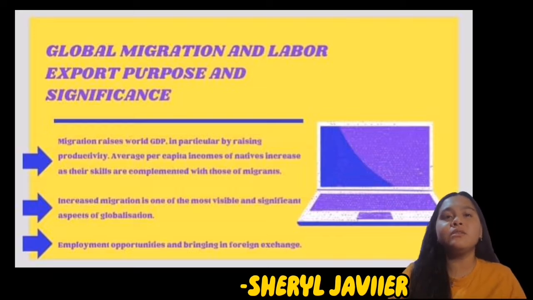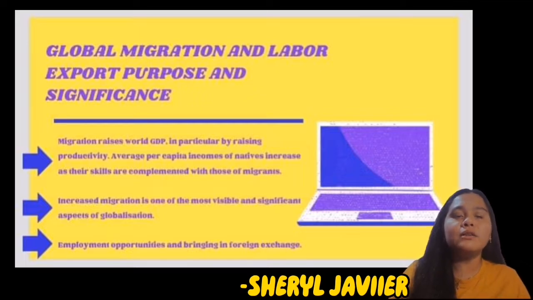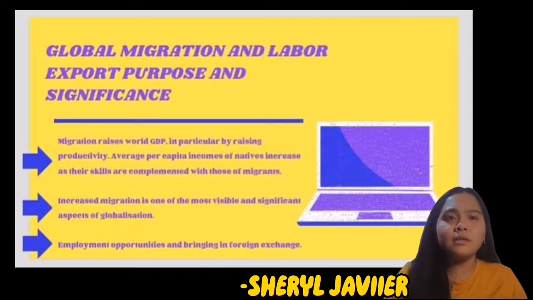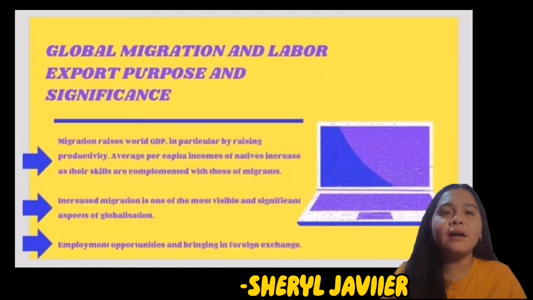This study does not consider all aspects of migration, in particular its distributional effects. Native workers in recipient countries whose skills are complementary to those of immigrants can gain from the arrival of immigrants, while native workers with similar skills may face stiffer competition in the labor market.